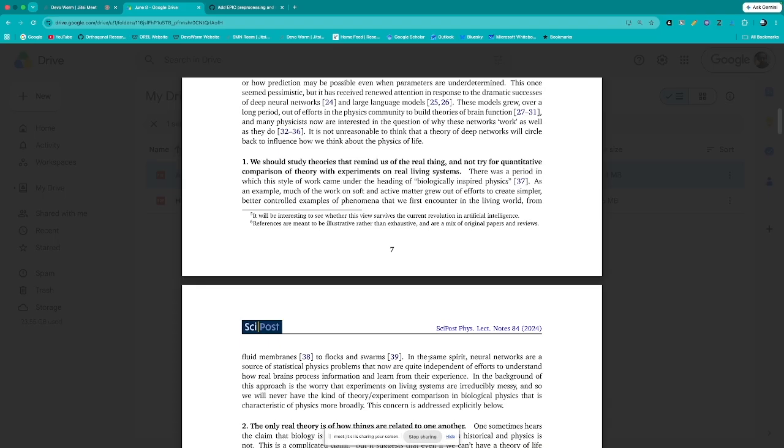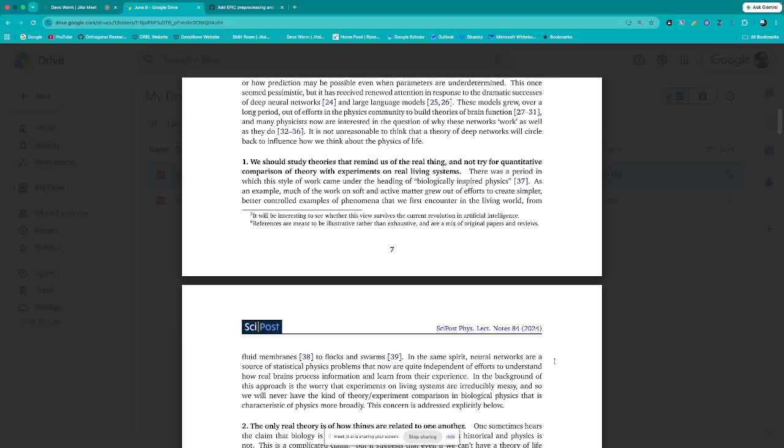A lot of that early work was biologically inspired physics, where you do physics that looks like something you'd find in biology and try to understand that without actually understanding the actual biology. And what he's saying here is we don't necessarily need to do that now. We have actual living systems to do it with.